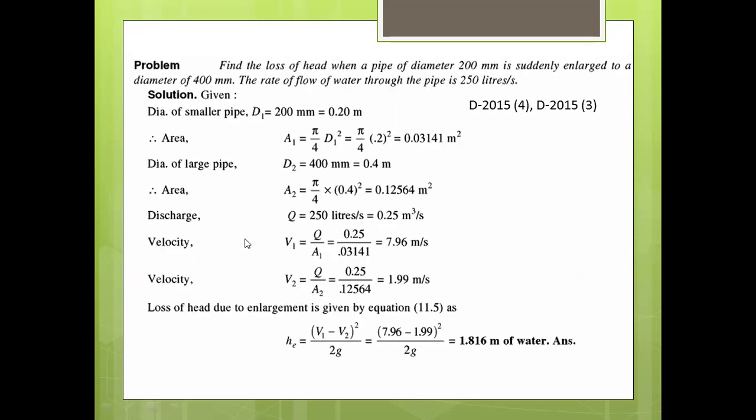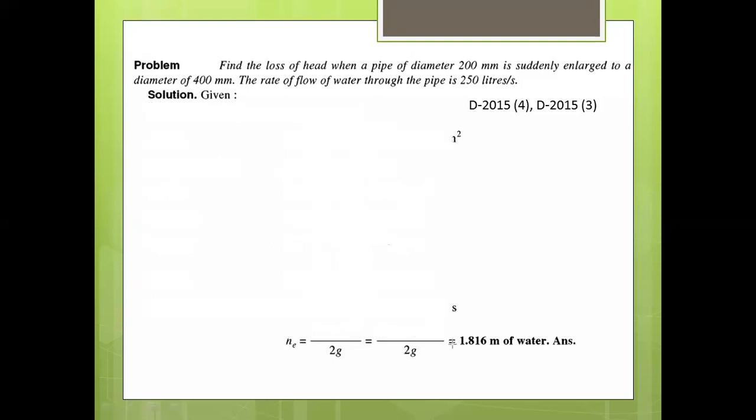Now here we are going to solve problems based upon these minor losses. So take your notebook. Write down the problem.